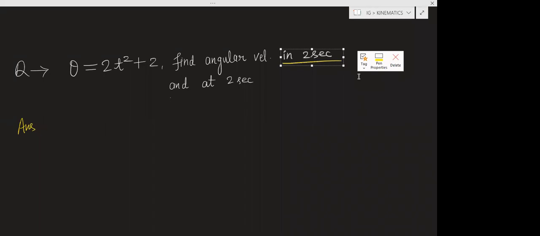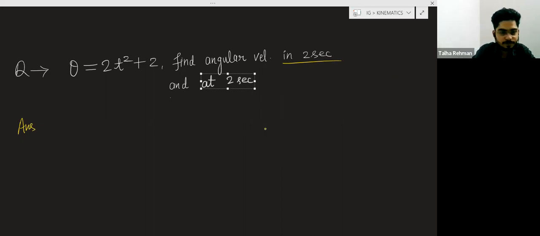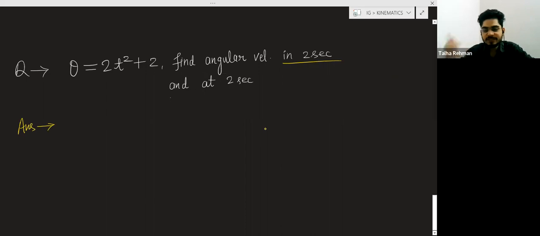And at 2 seconds, what will you calculate? At 2 seconds means he or she wants the speed at that particular moment, so you have to calculate the instantaneous.